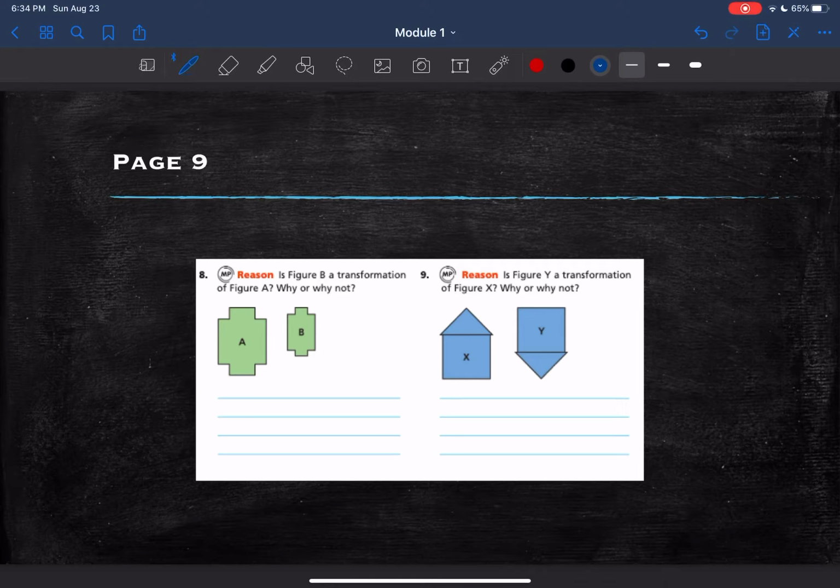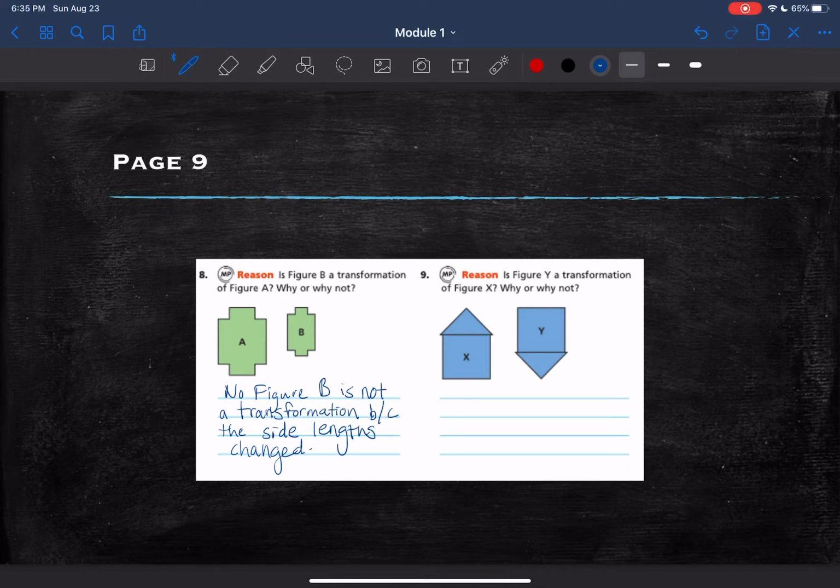So we would say, no, figure B is not a transformation because the side lengths changed. All right, it's clearly not the same size, so it can't be a transformation. It's got to be something else.